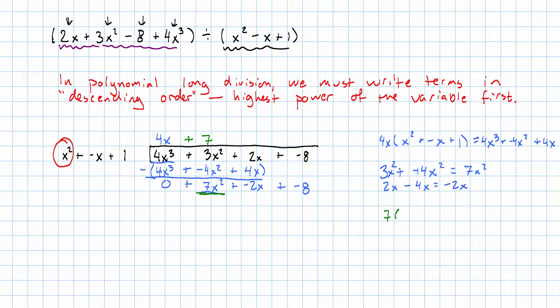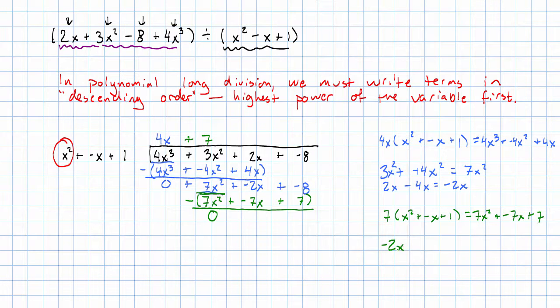We'll have our 7 times x squared plus negative x plus 1, 7x squared plus negative 7x plus 7, and one last round of subtraction. 7x squared minus 7x squared is 0.